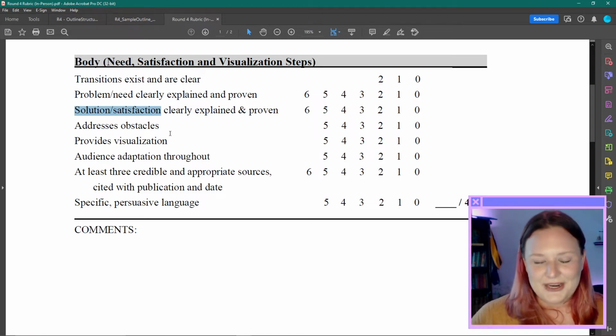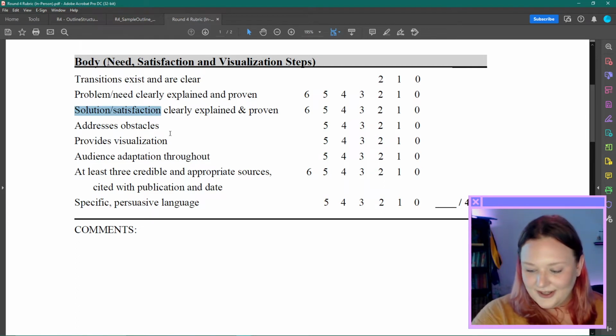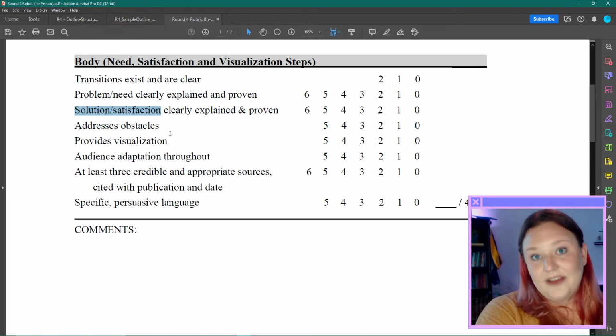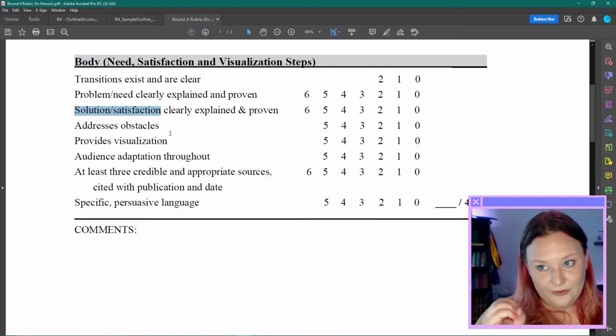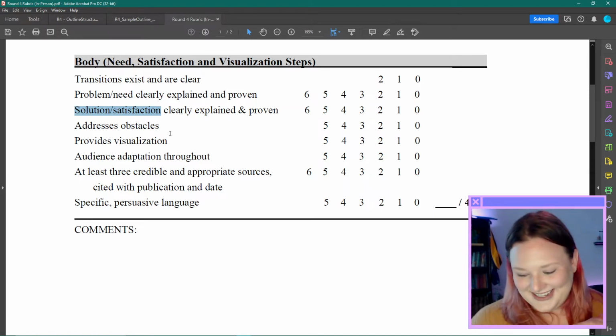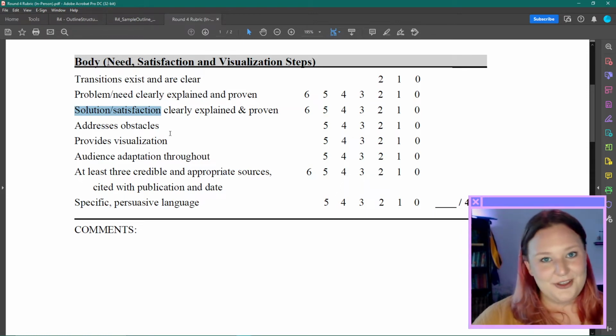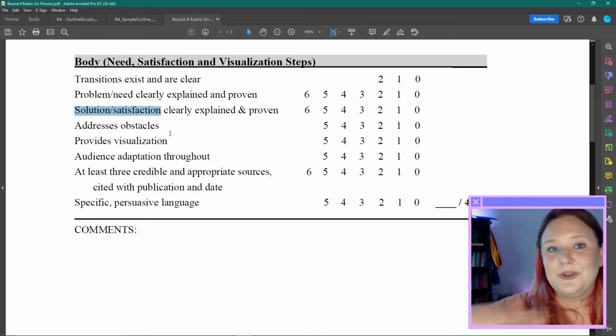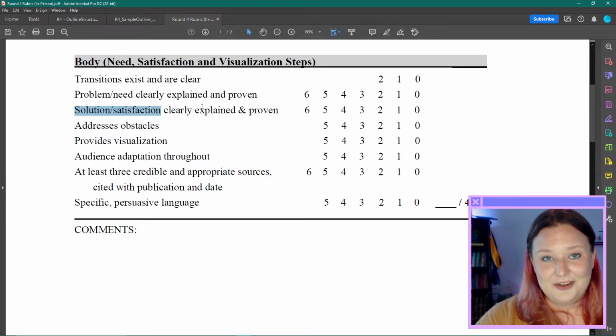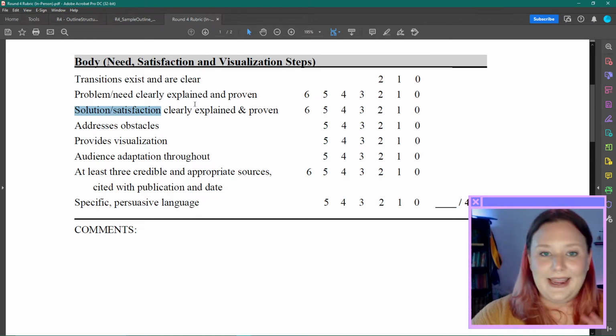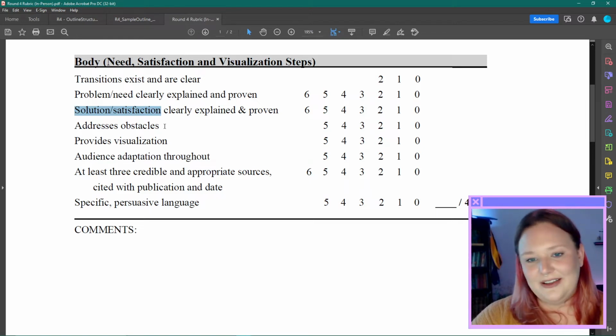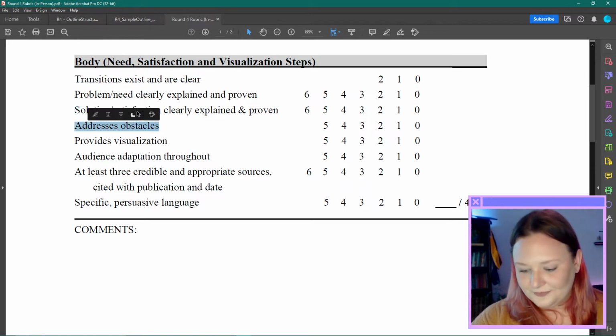Be specific. Again, prove that doing this will solve the problem or need that you convinced us of just moments ago. And as always, follow good argumentation, with your claim, evidence, and reasoning.